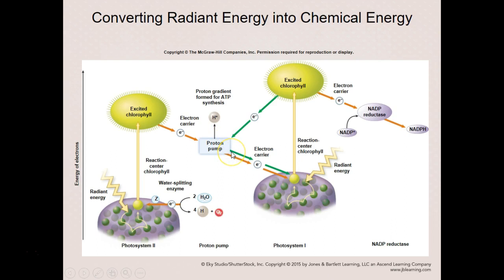So we constantly cycle those hydrogen ions, and we're cycling the electrons, and that is cyclic photophosphorylation.